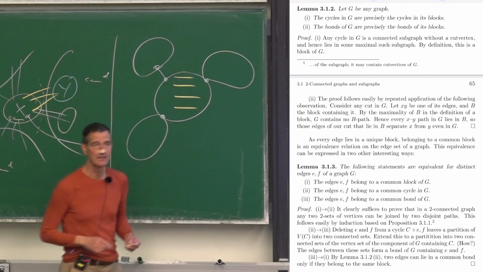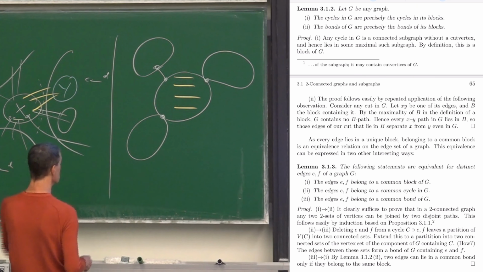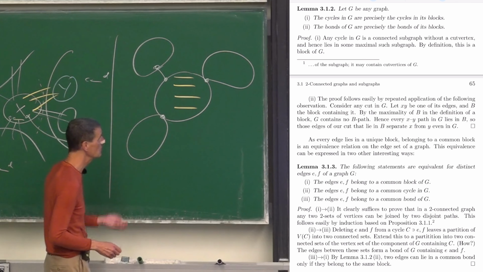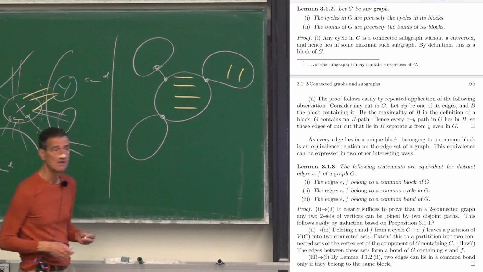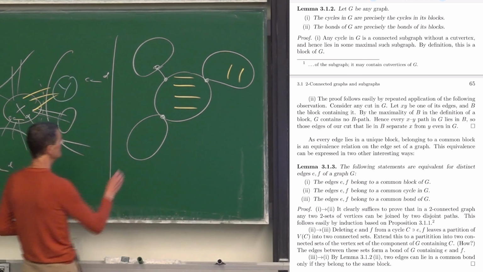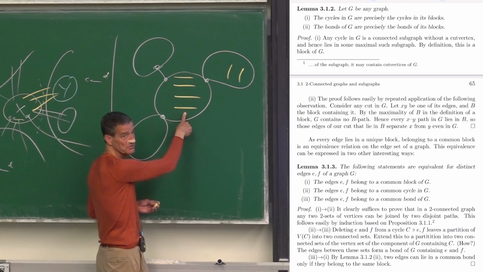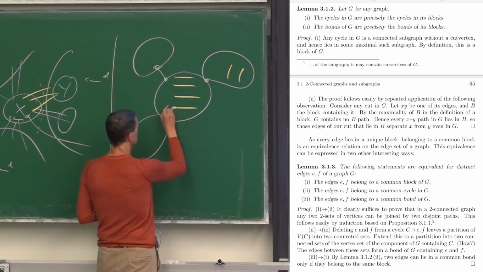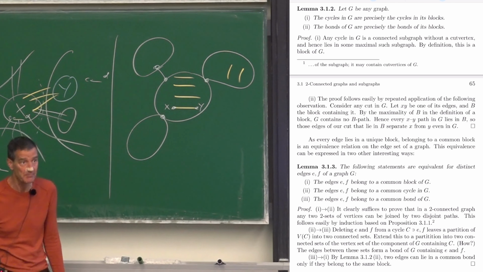We have a bond, and we want to prove that this bond lies in some block. Now, let's pick an edge, any edge from our bond. That lies in some block.